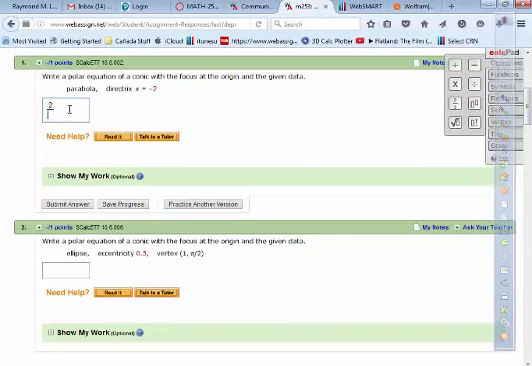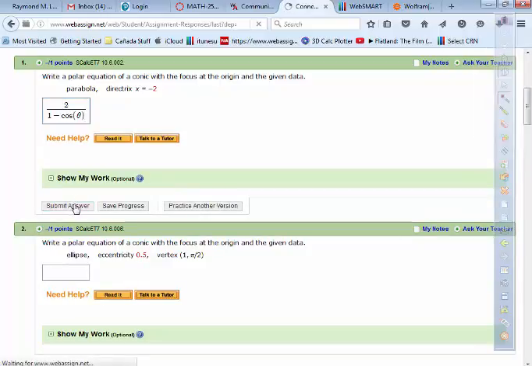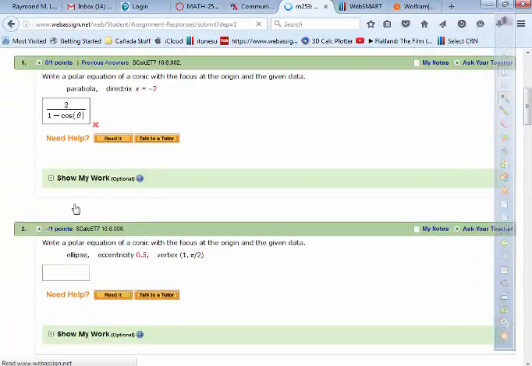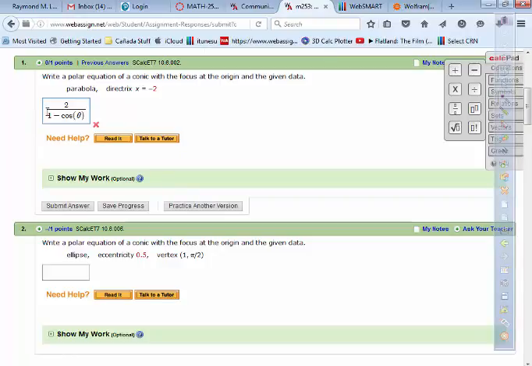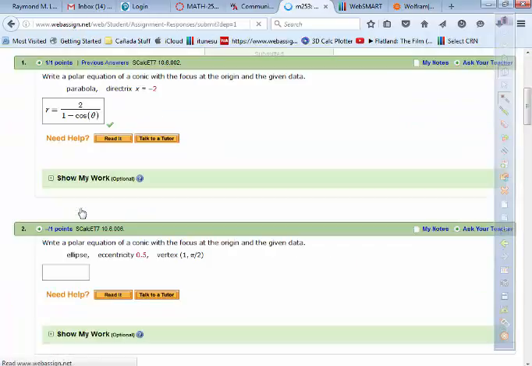Let's check. Oh, do we need an r equals? Okay, so that looks good.